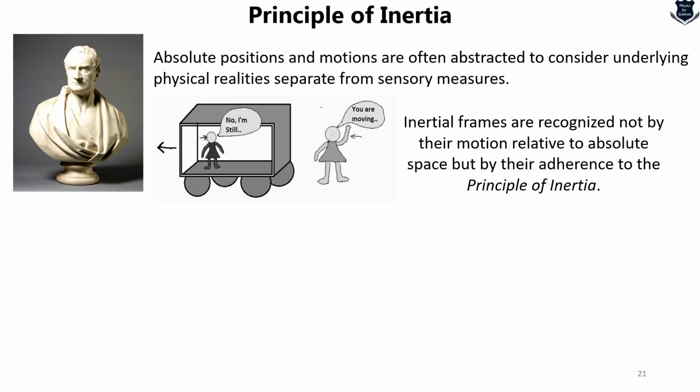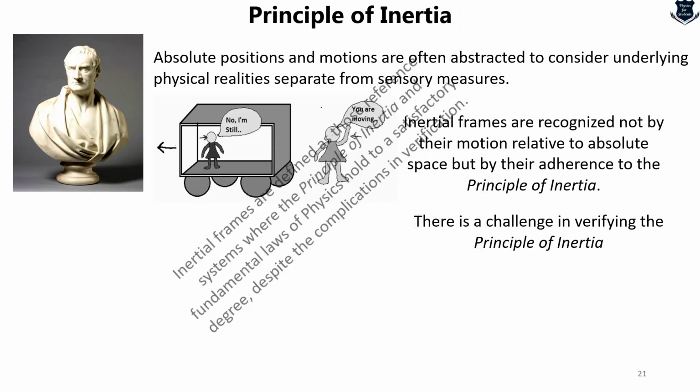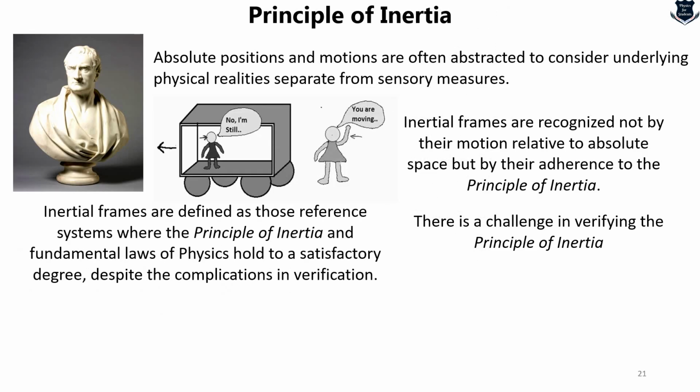There is a challenge in verifying the principle of inertia without having a body free from forces to conduct the verification. So we can say that inertial frames are defined as those reference systems where the principle of inertia and the fundamental laws of physics hold to a satisfactory degree, despite the complications in verification.